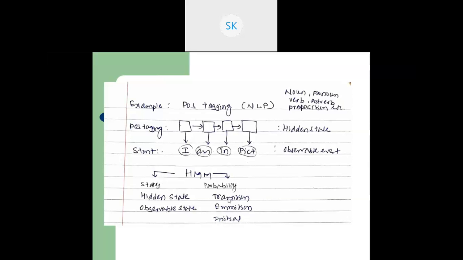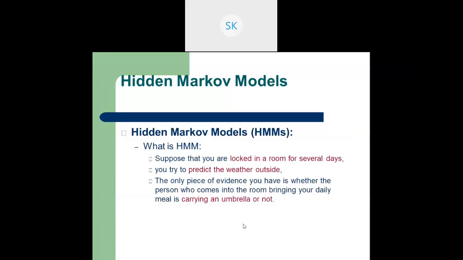And at the start of the problem, initial probabilities are given for the states.